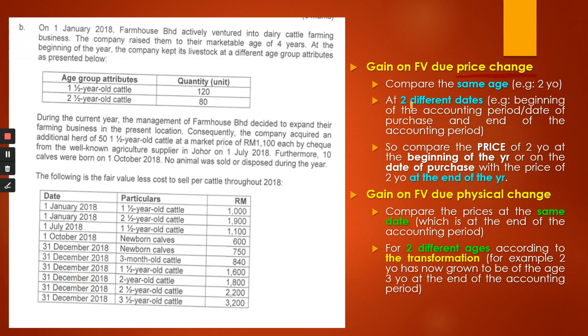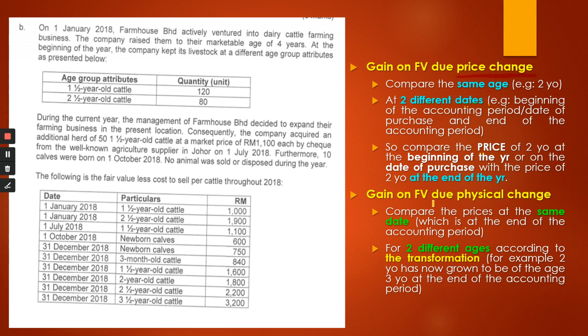So you have different dates here, and you're going to compare the price at the end of the year with the one at the beginning of the year. So you're going to compare the prices, but the age are still the same. So this is what we're going to apply. But we are going to just focus on the two different dates to compare the changes in price.